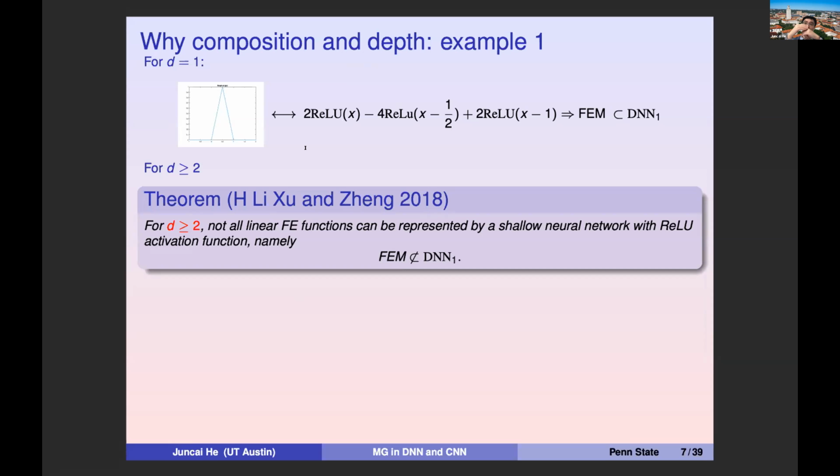We find that we can really have a better adaptive mesh based on DNN, such that the result leads to lower energy for the DNN solution. Sorry, I should include that in this slide.